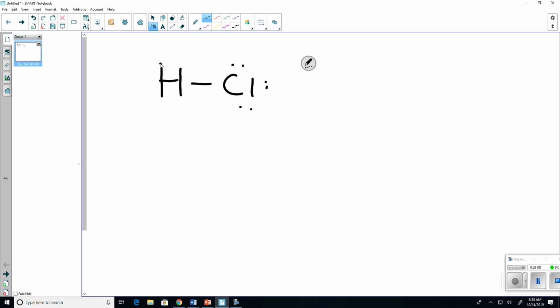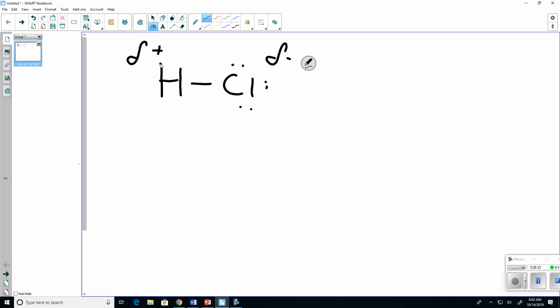Let's start with HCl. This is a polar covalent molecule. The reason I know that is that chlorine is more electronegative than hydrogen. So it has a partial negative. Hydrogen end is a partial positive. When you have a molecule that has dipoles, it's like magnets now.